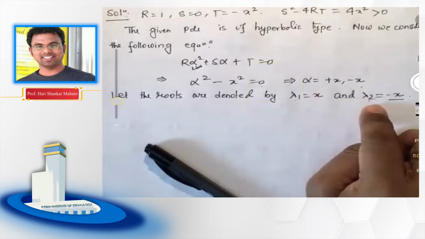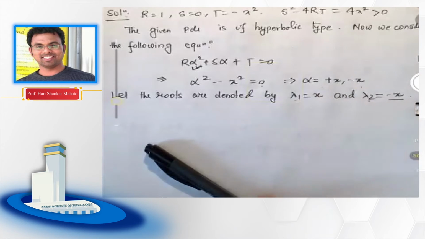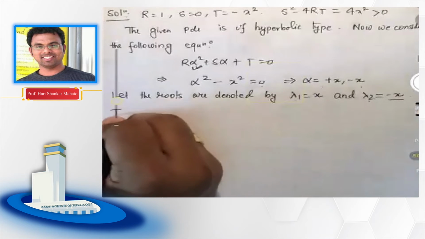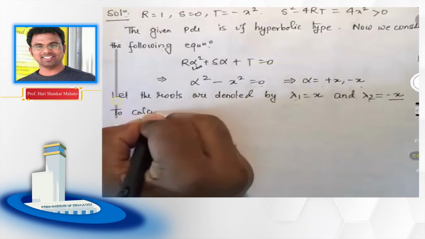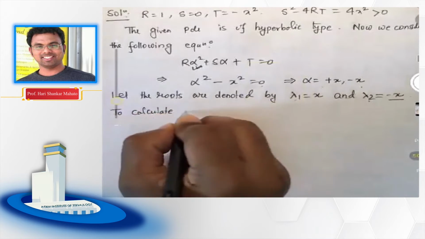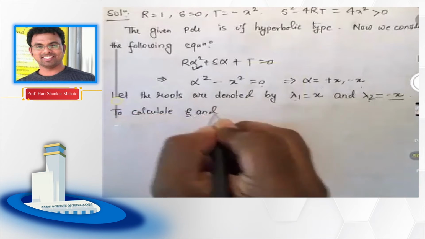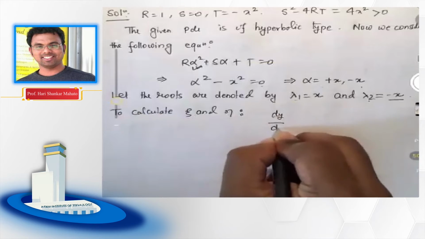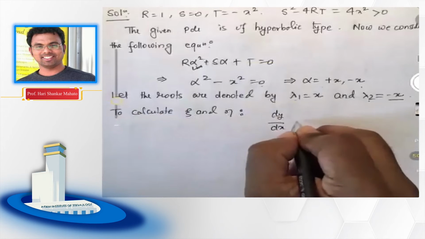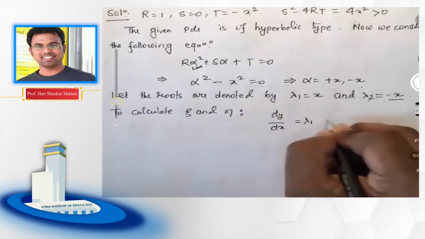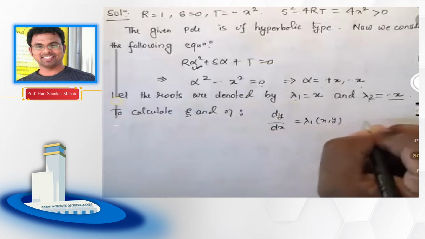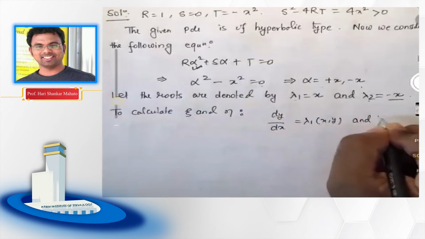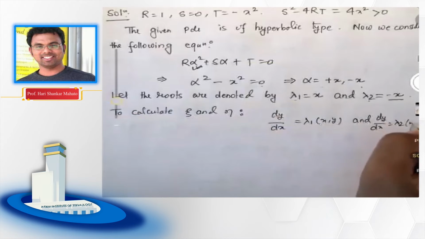Now I will tell you how to find out the functions xi and eta. So to calculate xi and eta, I will solve the equations dy/dx equals to lambda 1 and dy/dx equals to lambda 2.